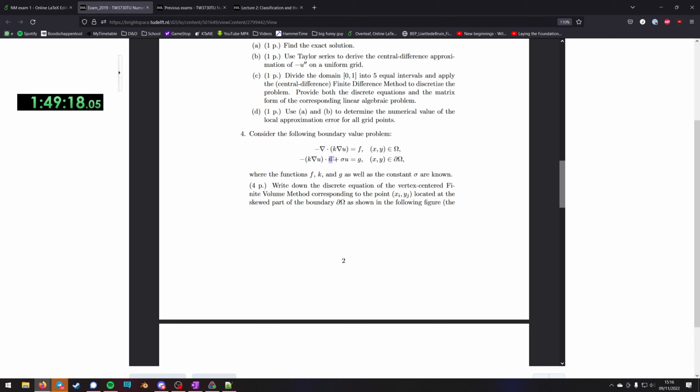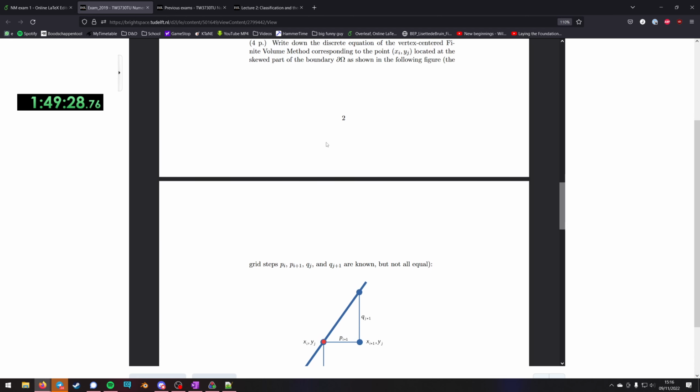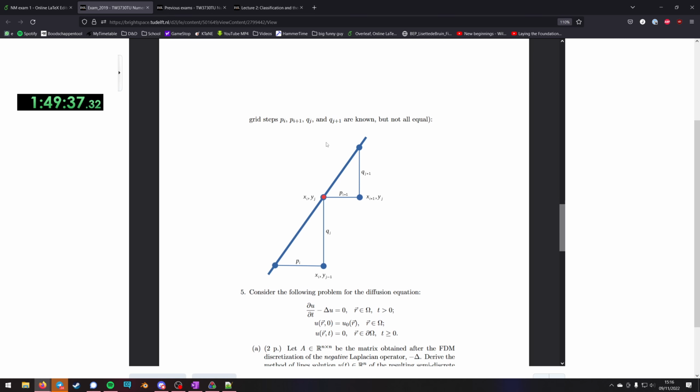So the difference between finite difference and finite volume is that we're integrating over the edges, I believe. I'm just going to look at this and try to see if I understand. Maybe with the slides.